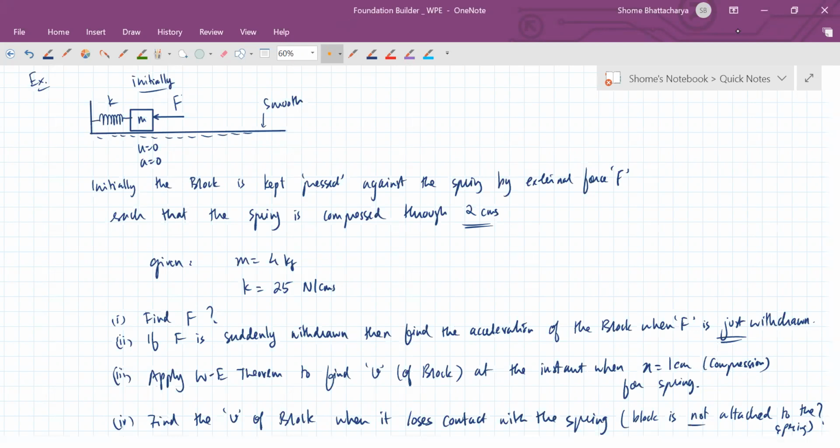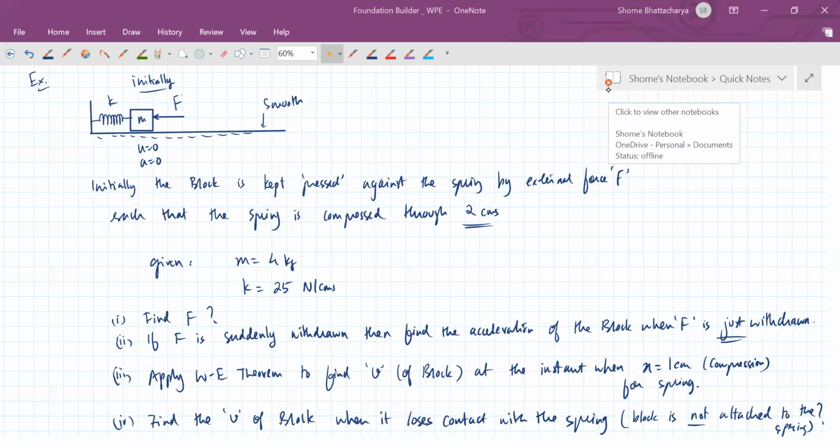Okay, anybody got the answer for the first part? It's very easy. If we just make the free body diagram and balance the forces, the compression in the spring is given to you and the spring constant is given to you. So just tell me how much should be the force. It's 2 centimeters, no?